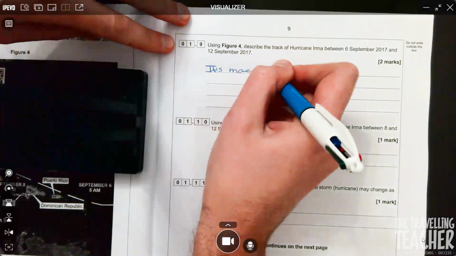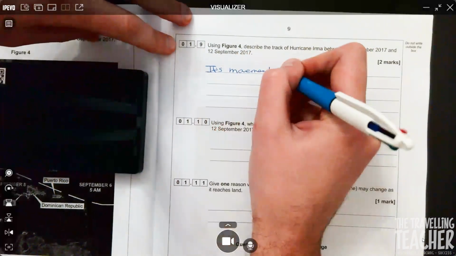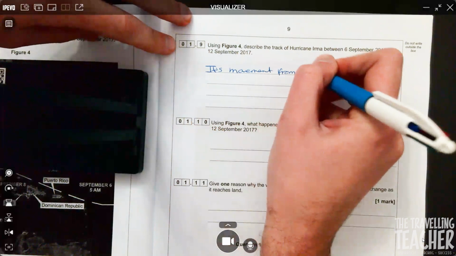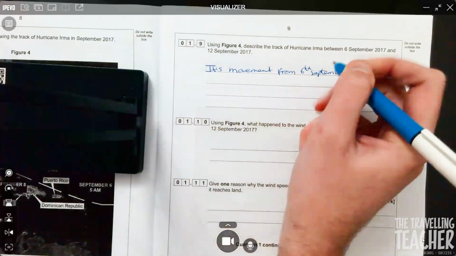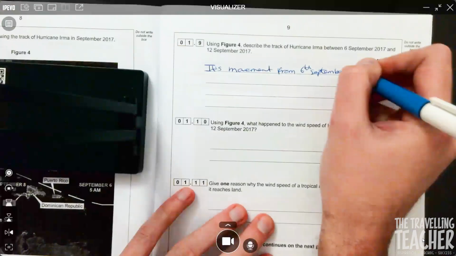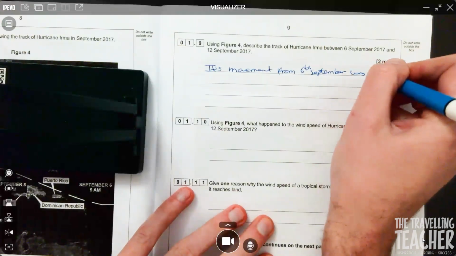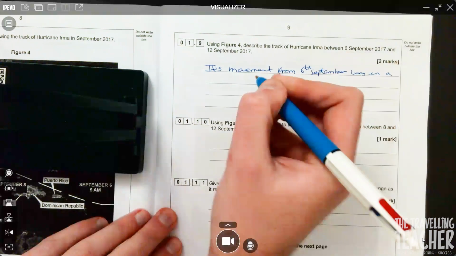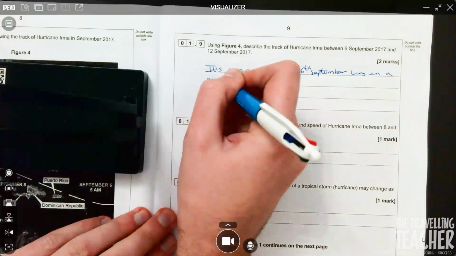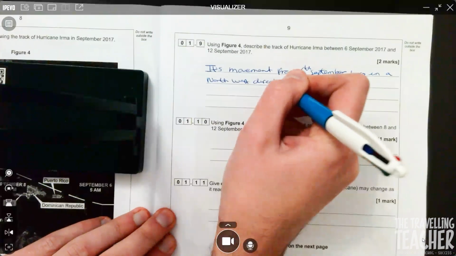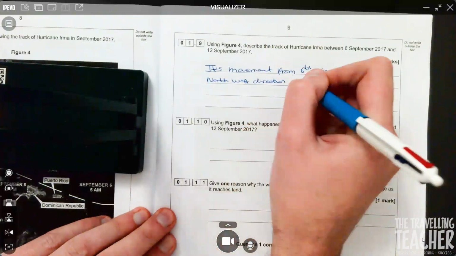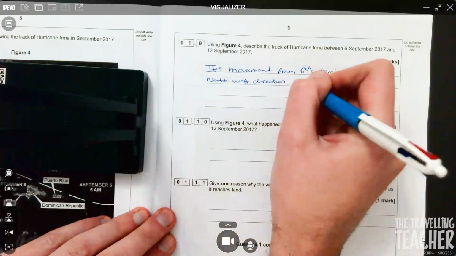Its movement from the 6th of September was in a north-west direction. Full stop. New sentence.